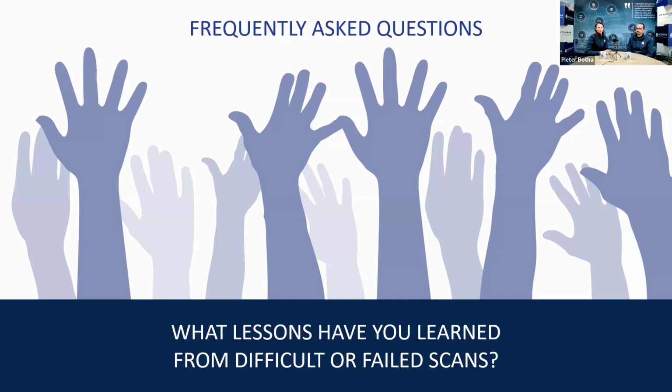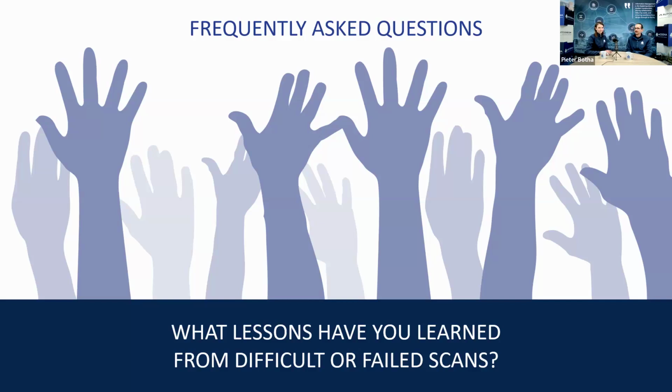What lessons have you learned from difficult or failed scans? I would think the first lesson is to make sure that you have site access. If you don't have site access and you can't enter a space, you can't scan it, then we have to make assumptions, which are not good at the end of the day, and that's why we use the scanner, to not make assumptions.